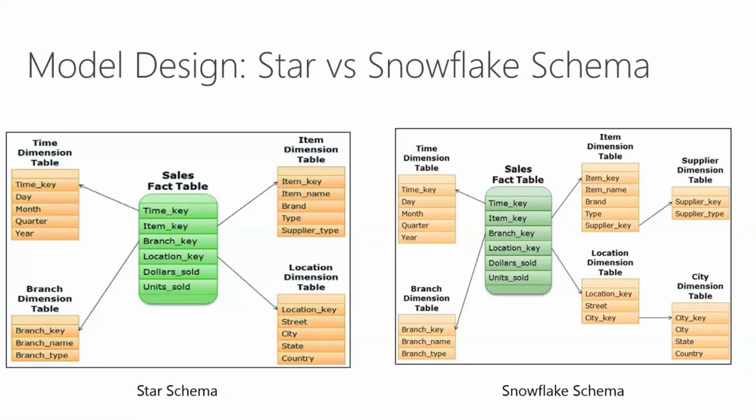And the location dimension refers to a dimension called city dimension, which is an extension of the normalization that happened with the location dimension. So that is star schema and snowflake schema side by side. I hope you can understand the difference between these two model designs.